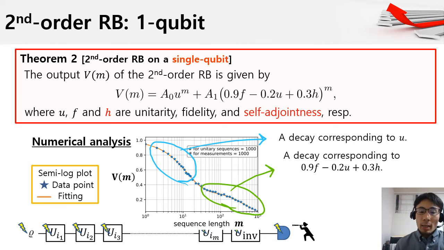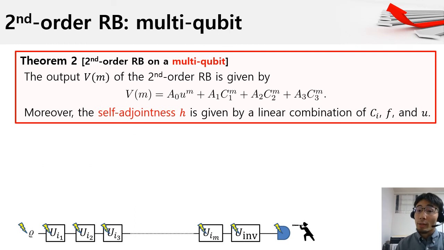So this is for the single qubit case, but the situation is quite similar for a multi-qubit case. In the multi-qubit case, the experimental output of the second-order RB is a sum of 4 exponentially decaying functions. But the situation is nearly the same in the sense that the self-adjointness is obtained from u, c1, c2, c3, and the fidelity.